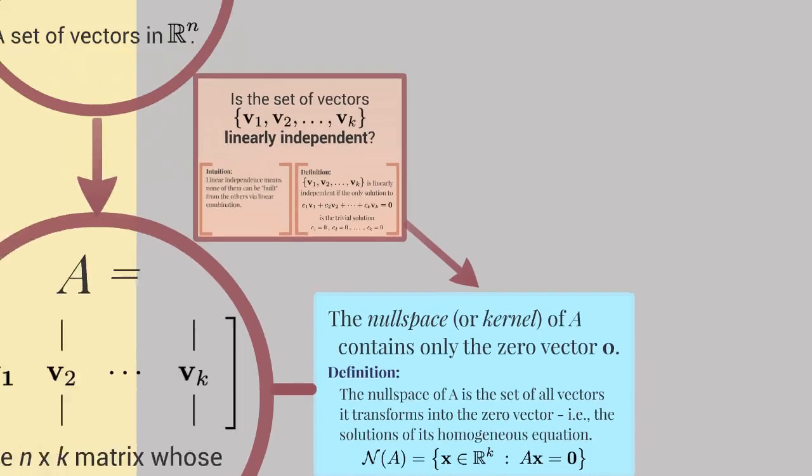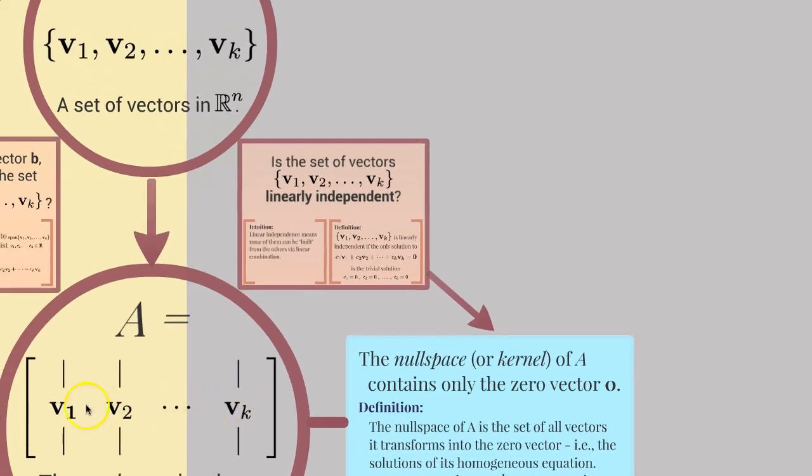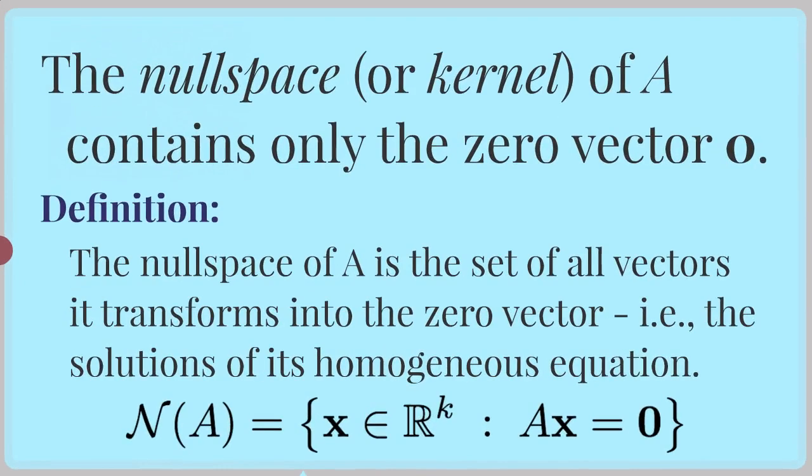So my set of vectors is linearly independent if the matrix, having those vectors as its columns, has only the zero vector in its null space. Because in that case, the only way to multiply that matrix by a vector and get 0 is to have chosen the zero vector as the thing that I'm multiplying by.